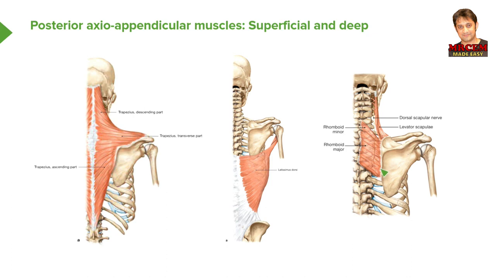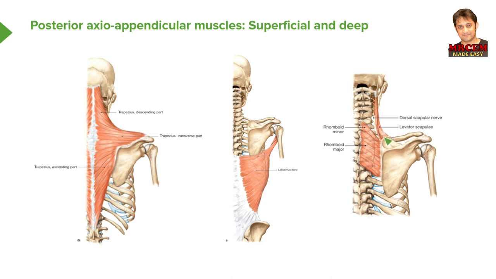We can see we've got two parts to the rhomboid muscles. We have rhomboid minor, which lies most superiorly, and we have rhomboid major, which lies inferiorly. And sometimes you can make out a separation of these muscles, but in most cadavers the separation is actually quite difficult to see. But you have rhomboid minor and rhomboid major.